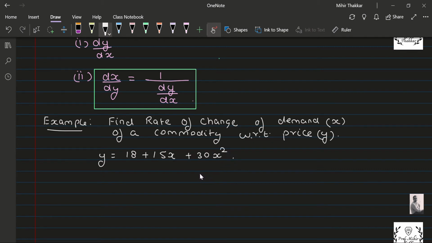So as I told you in the beginning, the first step is to find the value of dy by dx, and in order to find it, I will say differentiating with respect to x. So when I differentiate this with respect to x, you very well know the derivative of y is dy by dx.